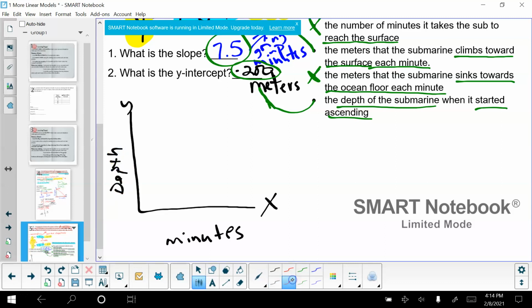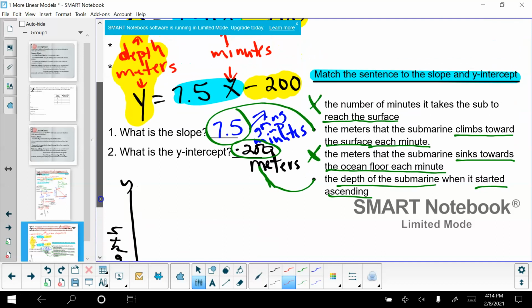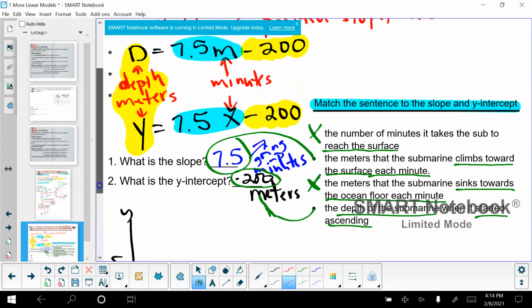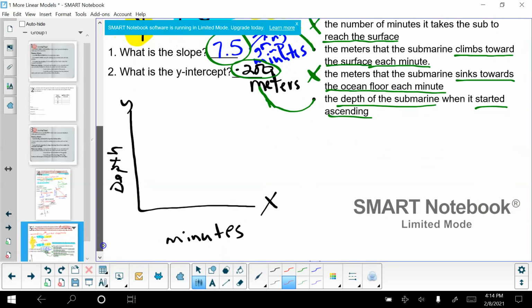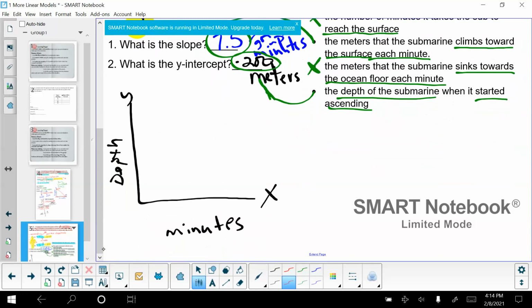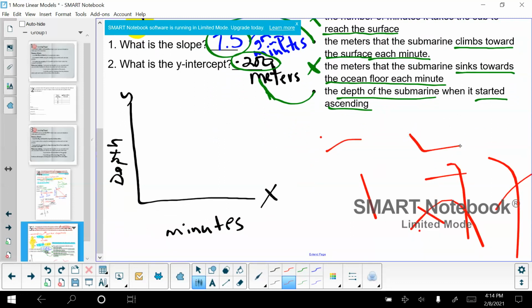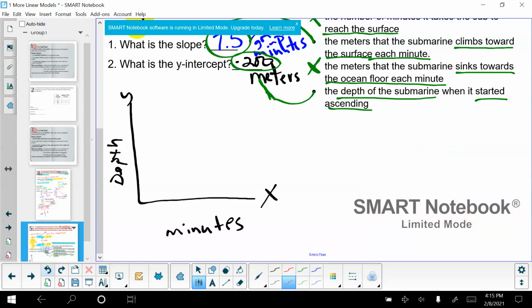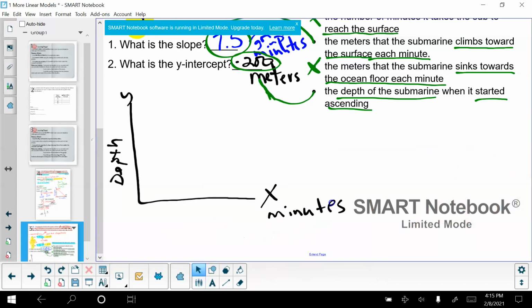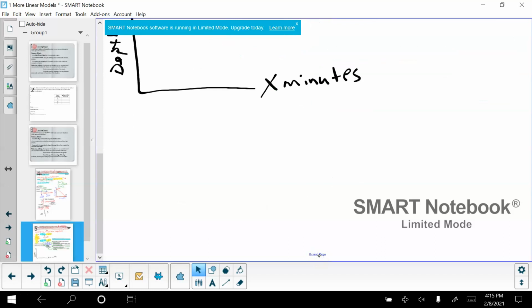And we know that our starting value, which is our y-intercept number, is at negative 200. Okay, well, the way I've got this written, I'm actually going to have to move some stuff around because I'm showing a positive y, and if we're at negative 200, I need to show negative y.